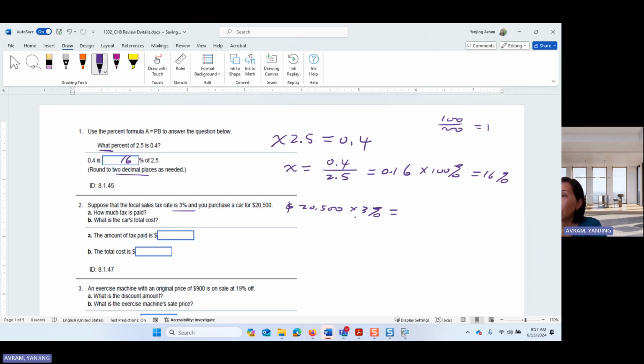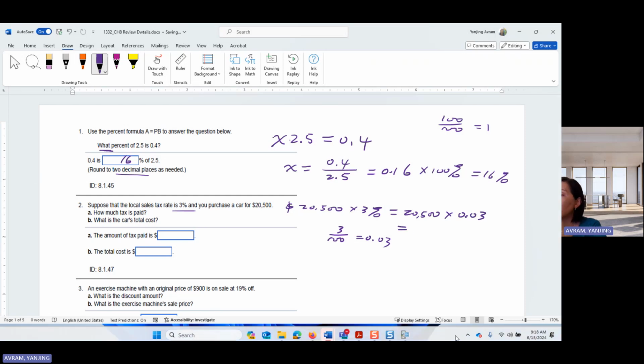All right. 3% is kind of 3 divided by 100. So we're going to move the decimal point 2 places to the left. So that's 0.03. Okay. So we're going to use 20,500 times 0.03. Again, I can use the calculator.